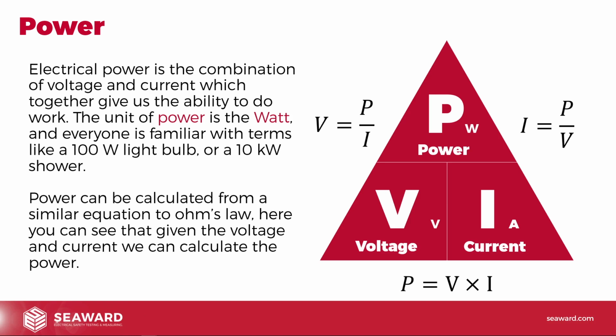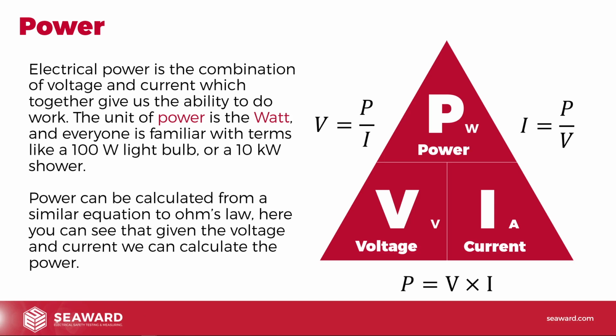Same with showers: a 6-kilowatt shower doesn't have as much energy as a 10-kilowatt shower, so we can't heat that water as quickly or heat as much water for the shower.